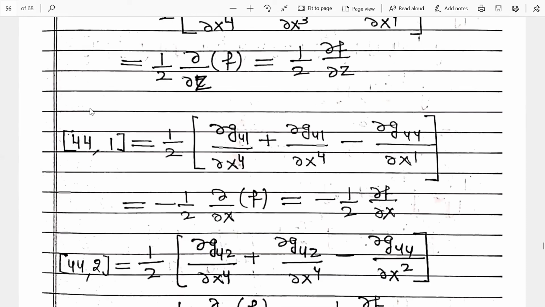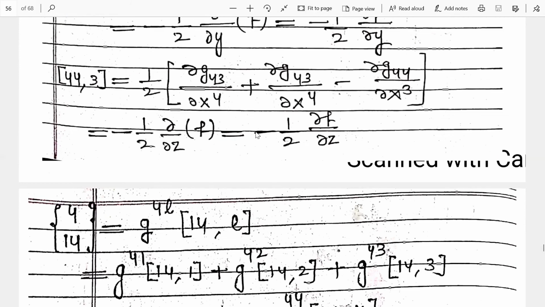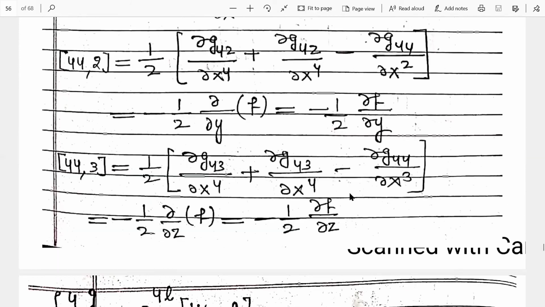So first 4 is connected to 1, 4 is connected to 1, so these are positive, and then the combined term connected to 1 is negative, right? So similarly [4 4, 1], [4 4, 2], [4 4, 3], right? So here we can find the values of these. These are all non-zero values. We can also find the other values in a similar pattern, right?